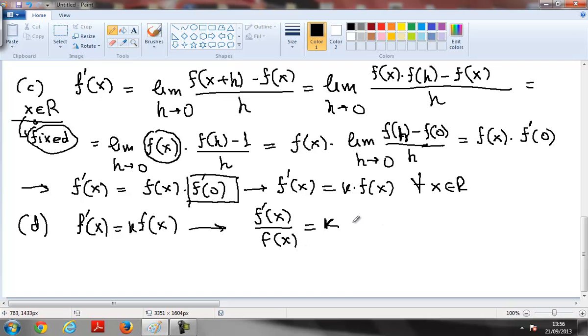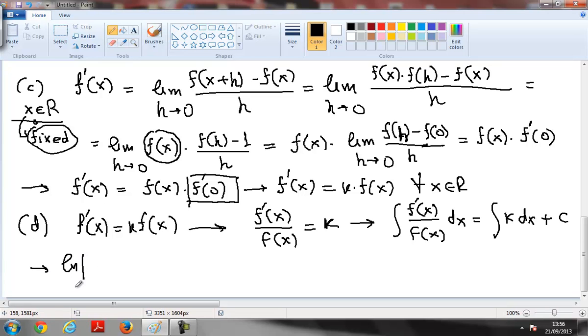So I have the integral of f prime of x over f of x dx equals the integral of k dx plus a constant c.